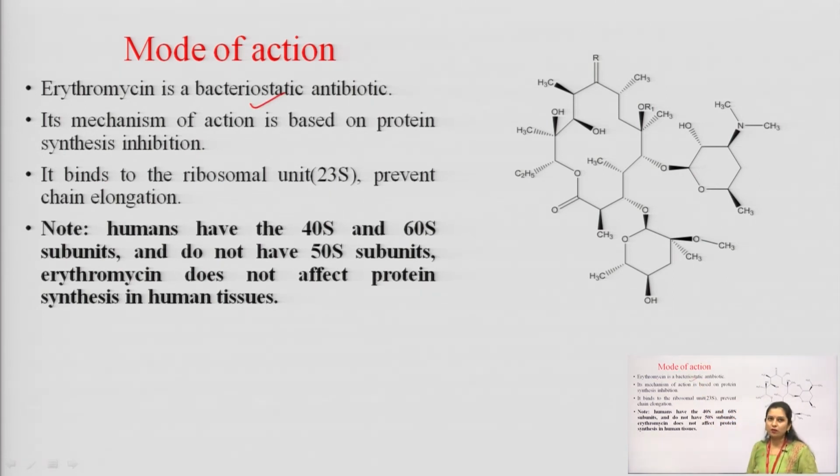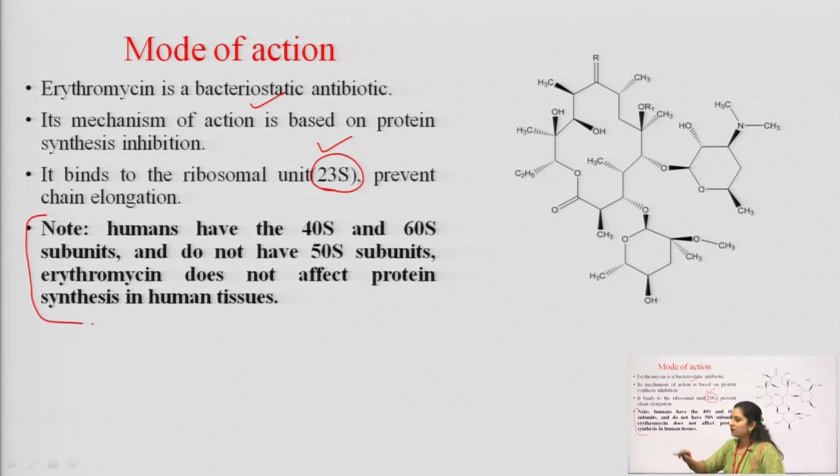It is based on protein synthesis inhibition. It binds to the ribosomal unit, that is the 23S part of the 50S subunit of the ribosome. Here there is an important thing: in humans we have the 40S and 60S subunits and we do not have the 50S subunit.